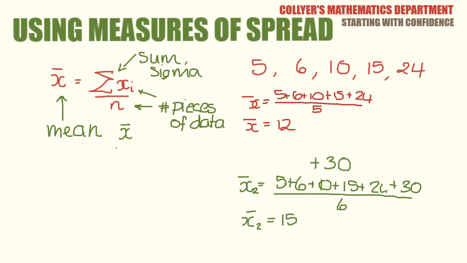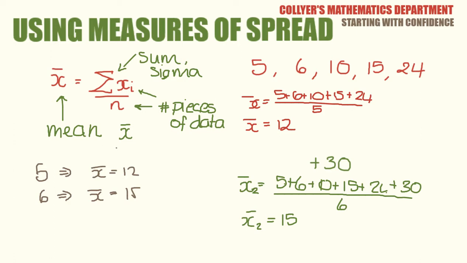So what happens if they ask the question the other way around, and they say 5 numbers added together gave us a mean of 12, and 6 numbers added together gives us a mean of 15. Can you work out what this additional value was? Well, to do this, we'll need to use the formula.